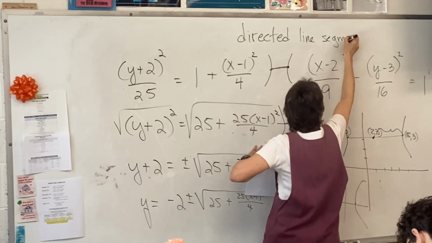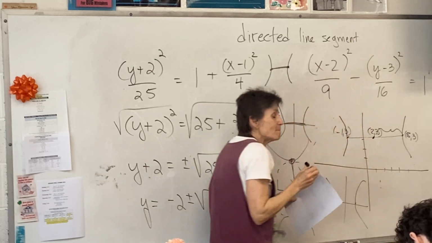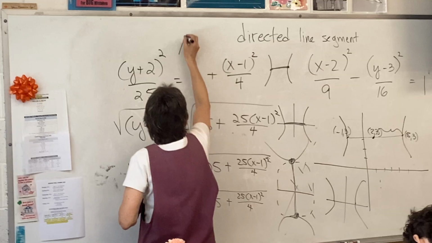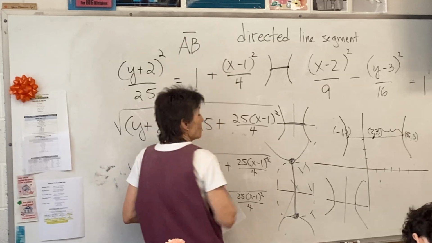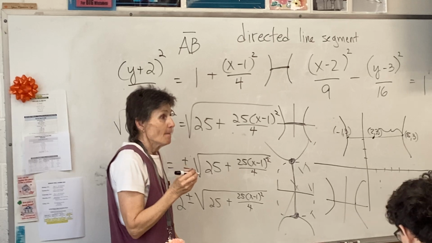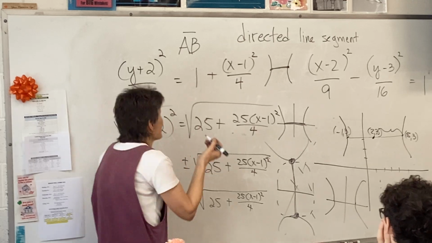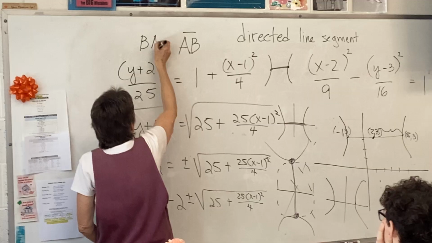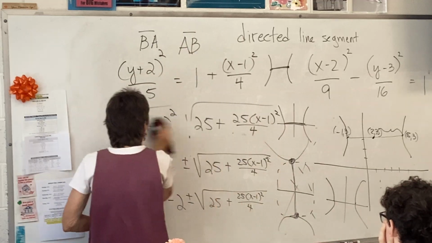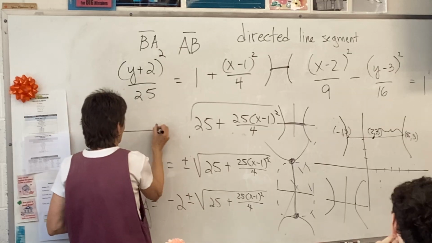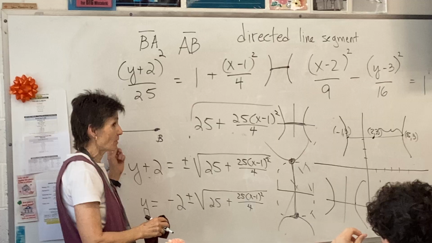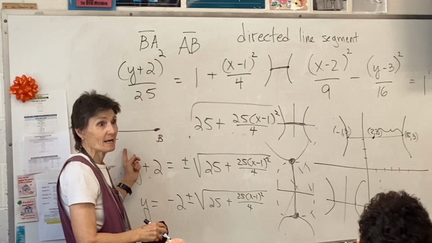Now, you remember from geometry that if you had this, that meant line segment AB, but that was exactly the same as this. These are the same. Because if you're talking about a line segment, it doesn't matter if you're starting at A and going to B or starting at B and going to A.